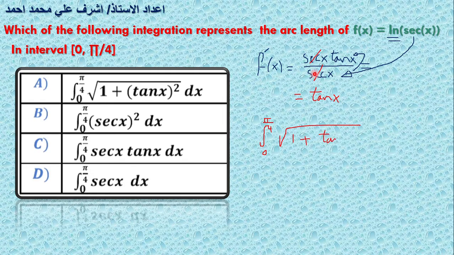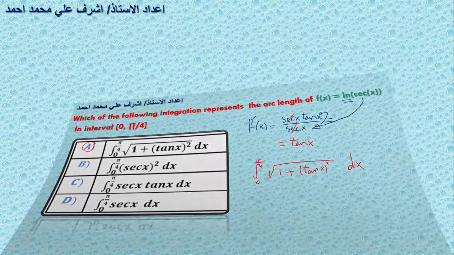So secant goes down, and the derivative of secant is secant tan. You eliminate secant with secant, so f prime of x equals tan x. Now we substitute in our formula directly. The integral from 0 to pi over 4 of the radical of 1 plus f prime squared, tan x squared. So the right answer is A. Next question, my dear.